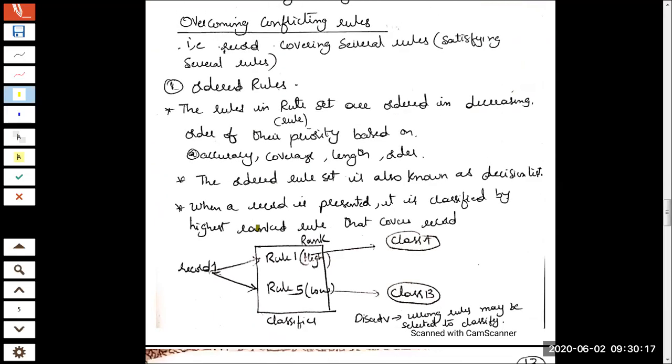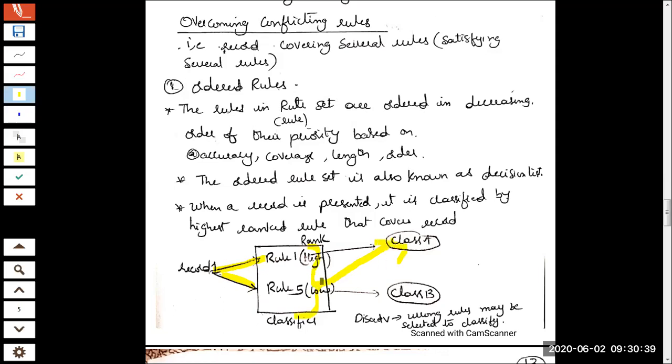Now we have a challenging situation here. What was the challenging situation? What was the issue here? The issue is a single record triggering more than one rule. That is accepted. A record can trigger more than one rule, but if all the rules are pointing to a single class, then no issue.